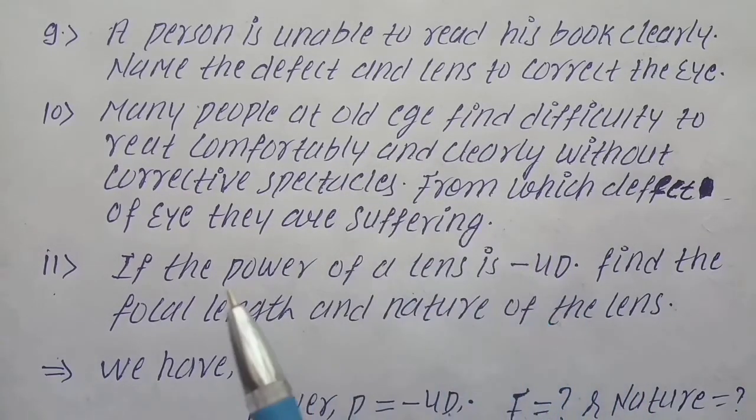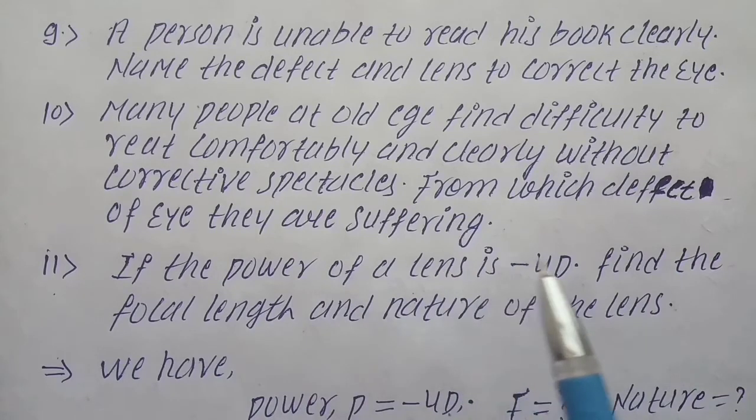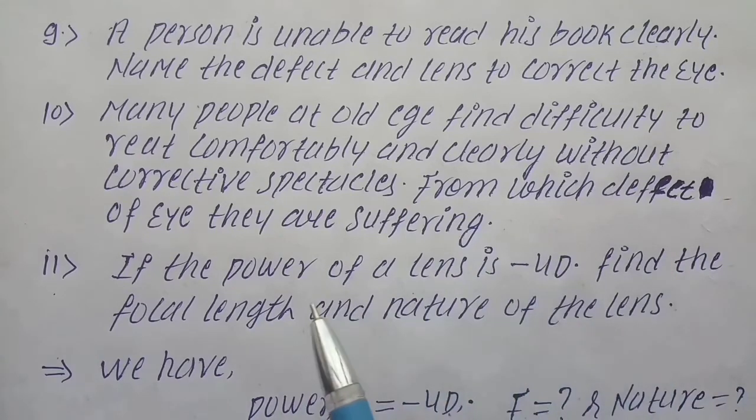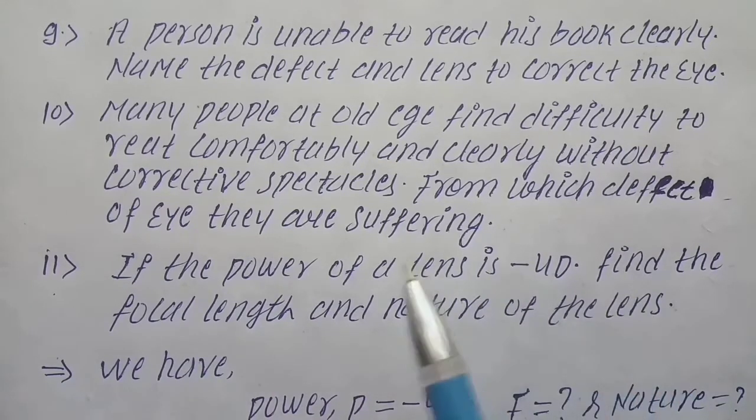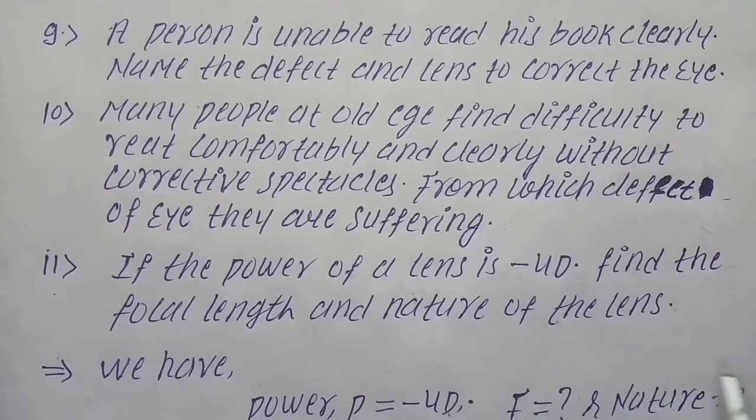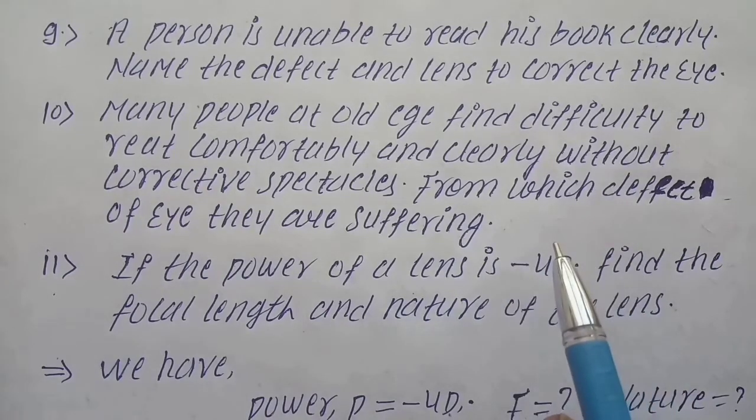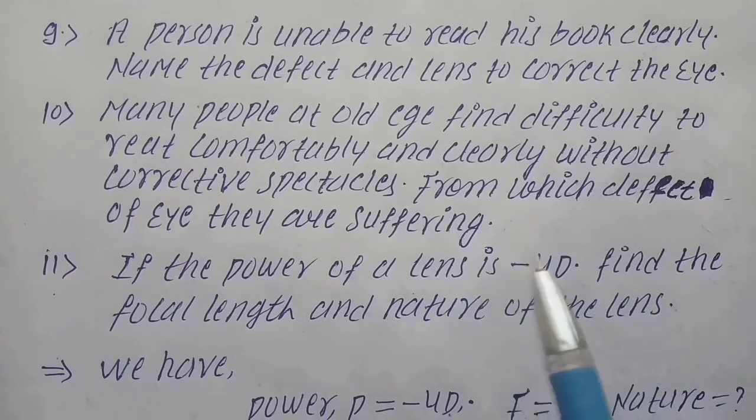Next, if the power of eye lens is minus 4D, find the focal length and the nature of the lens. So here we are given the power P equal to minus 4D. Now we have to find out focal length and nature of the lens. Since the power is negative, so the nature of lens is concave.